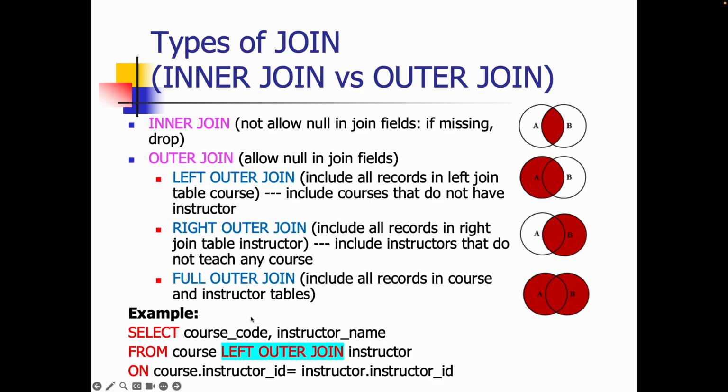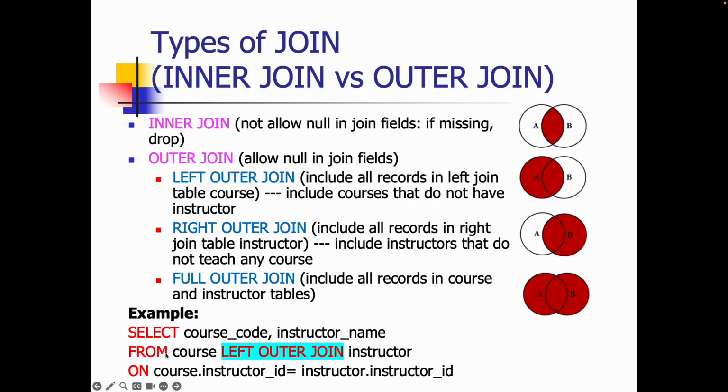Now, how can we explain it with this example? If you write, for example, select course code, instructor name from course and instructor, and you use left outer join or just left join. So you can write left outer join or left join, and you can write right outer join or right join. They are the same. So if you write course left join instructor, which table is your left table here? Course, right?